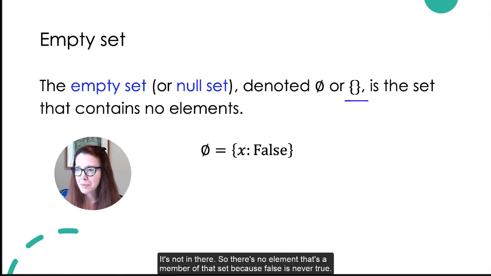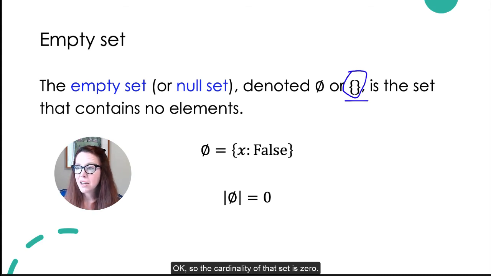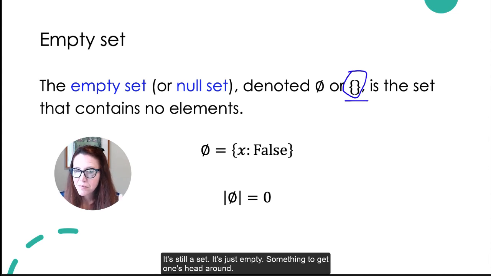So there's no element that's a member of that set, because false is never true. Okay, that's a cheeky description. And so the cardinality, I would always write it as just use the exhaustive list. It takes no time. So the cardinality of that set is 0. It's still a set, it's just empty. It's something to get one's head around.